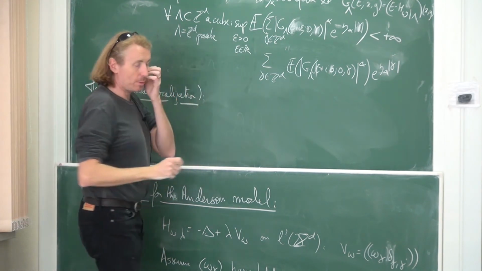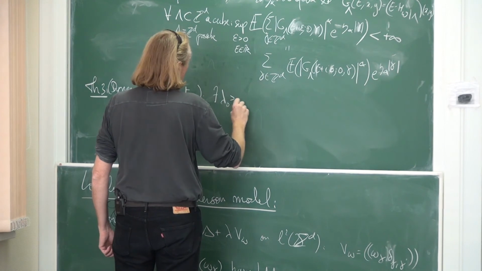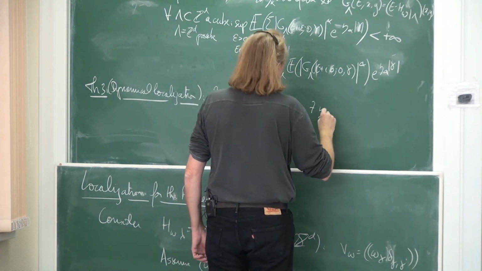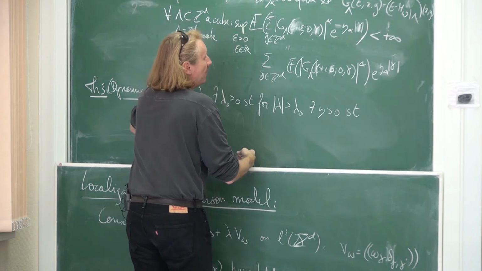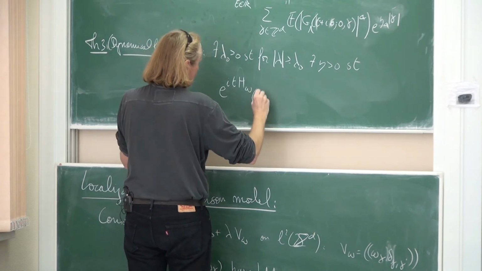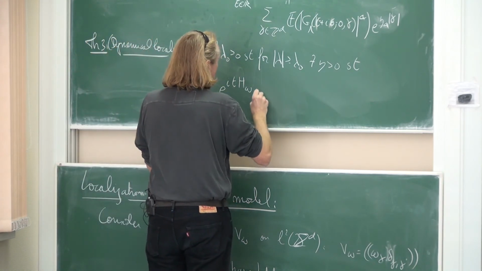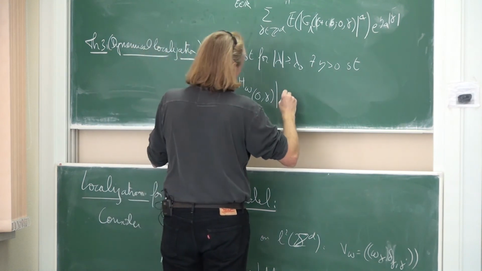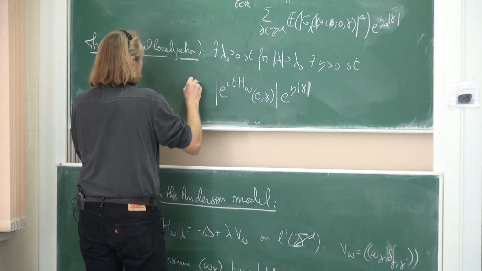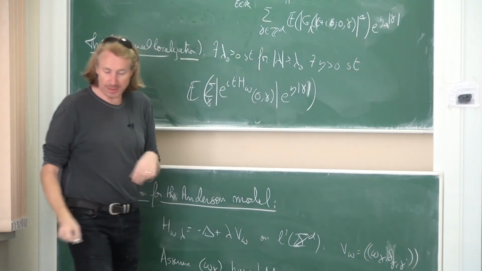It is stronger than what one has here, and it is the following: under the same assumptions, there exists lambda 0 positive such that for lambda larger than lambda 0, there exists eta positive such that if you look at the kernel of e to the i t H omega, the quantum evolution of your operator at 0 and gamma, you multiply by e to the eta gamma of this, you sum over the gammas and take the expectation of this.